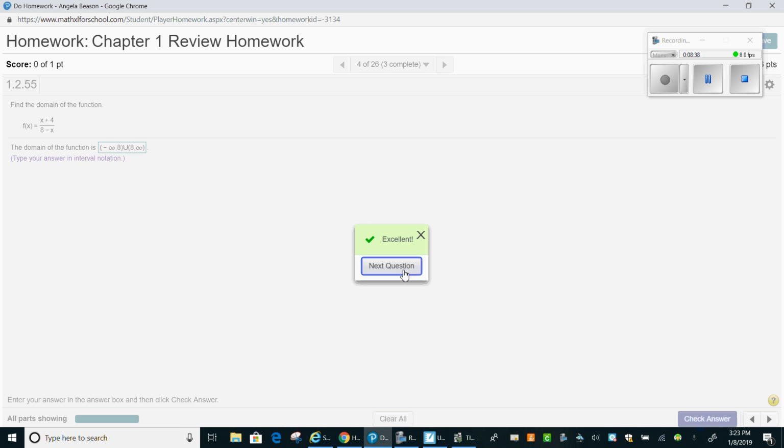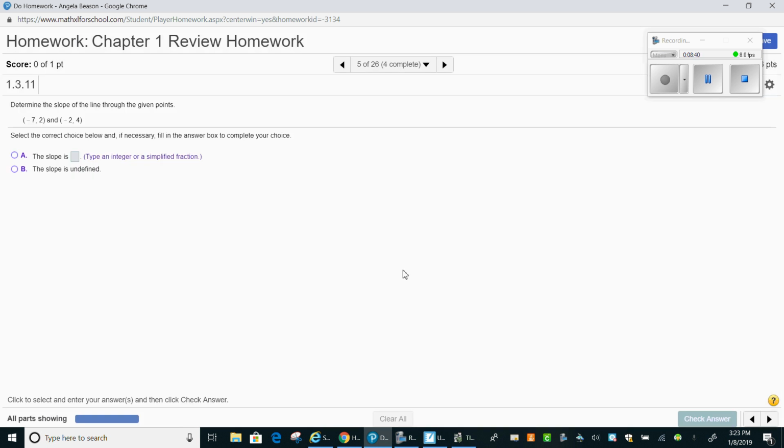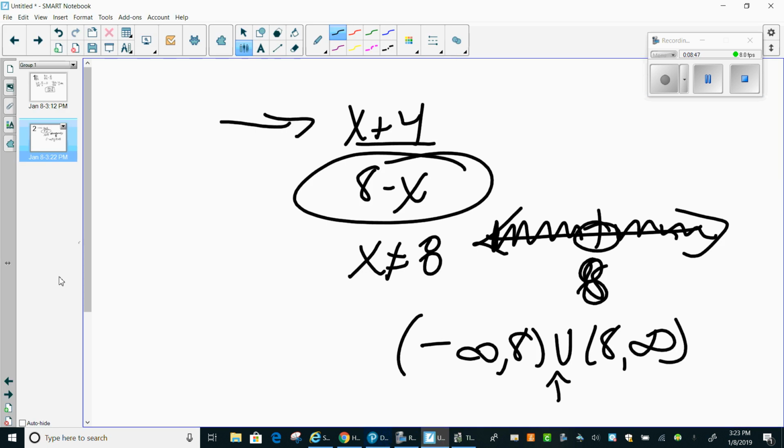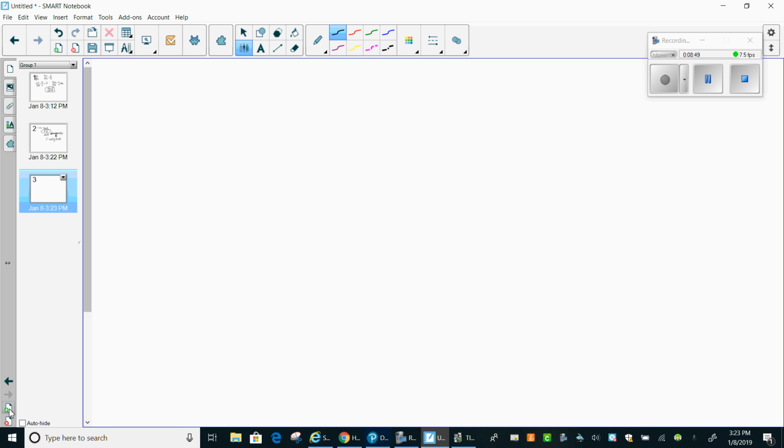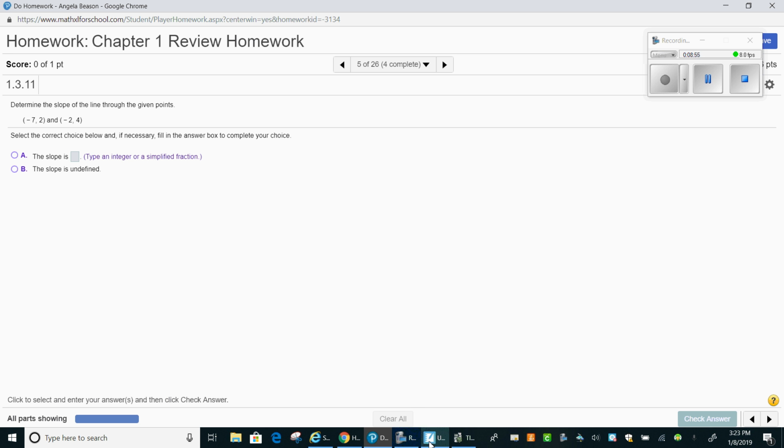And that is correct. Let's see if I can do 1 or 2 more. Number 5, determine the slope of the line through the given points. Negative 7, 2. Come over here and jot it down. Negative 7, 2, and I think it was 2, negative 2, 4.